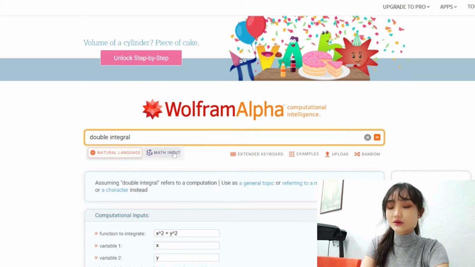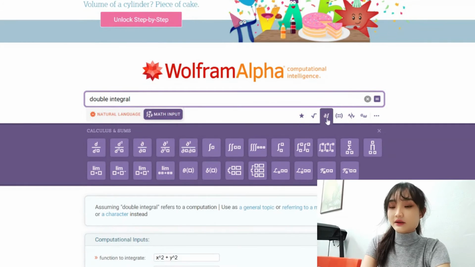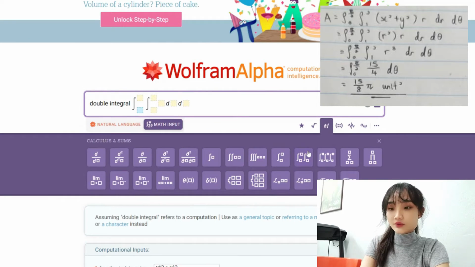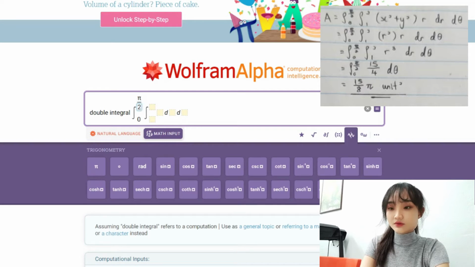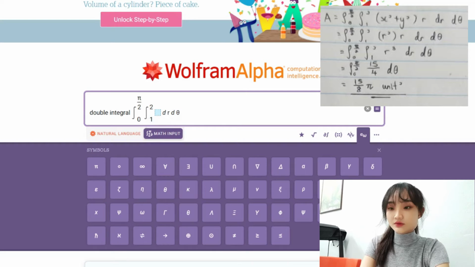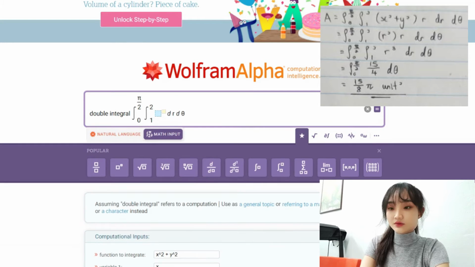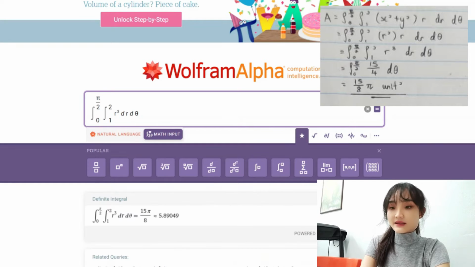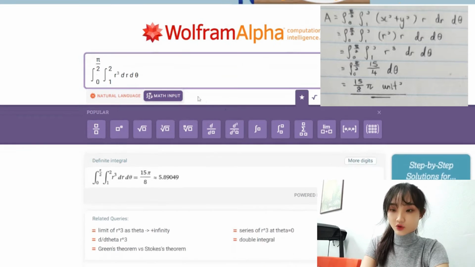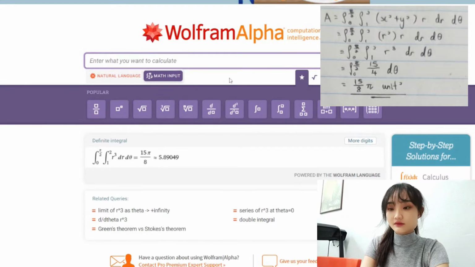For question C1, we are going to calculate a double integral again. So same as just now, we type in double integral and we type in all the values. And the answer we get is the same as we calculated manually, which is 15/8 pi units.